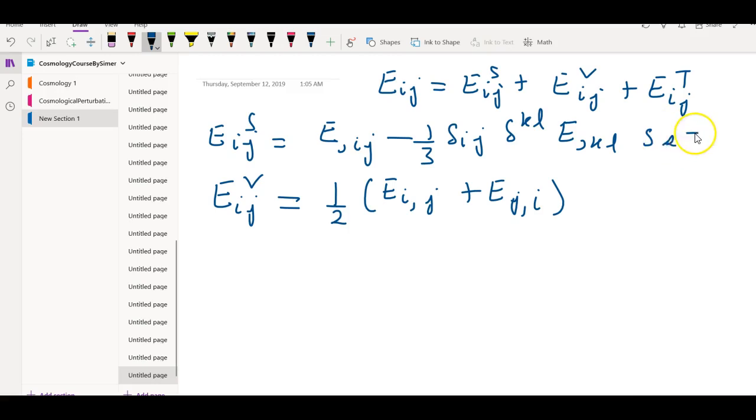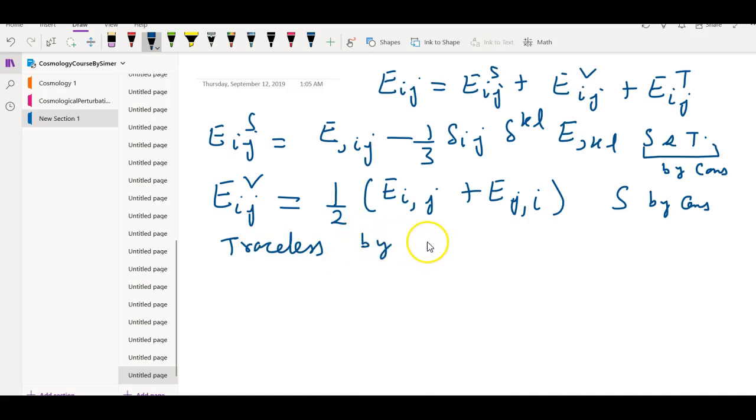This is symmetric and traceless by construction. This is the way we have constructed it, and this is symmetric by construction. This one is symmetric by construction and traceless by the constraint del dot E is 0, which gives us E_i,j delta_ij is equal to 0.